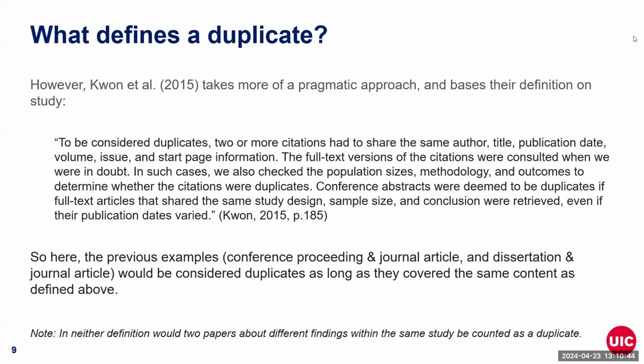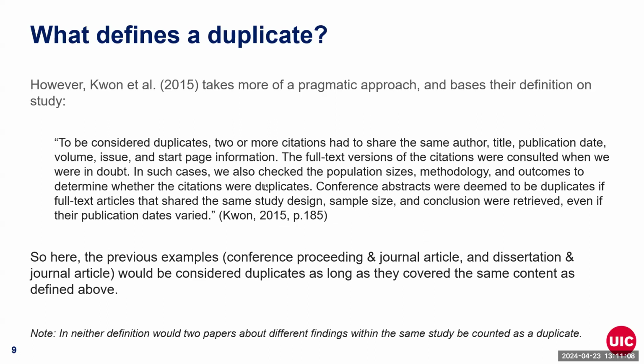Kwan et al. 2015 took more of a pragmatic approach, and they based their definition on the study. They give a long definition, but they talk about all these different fields that they are looking at. So if it had the same author, title, publication, volume number, start page, all of this information would be the same.